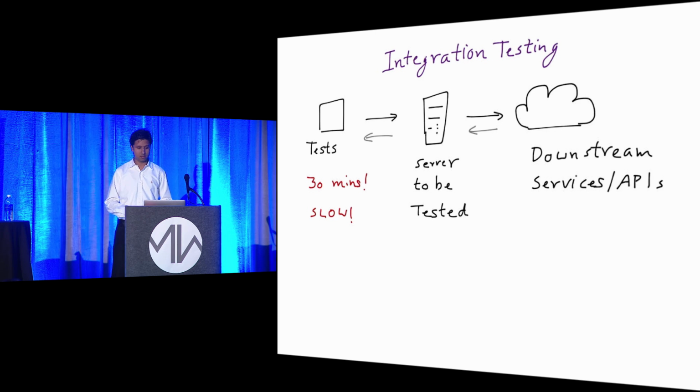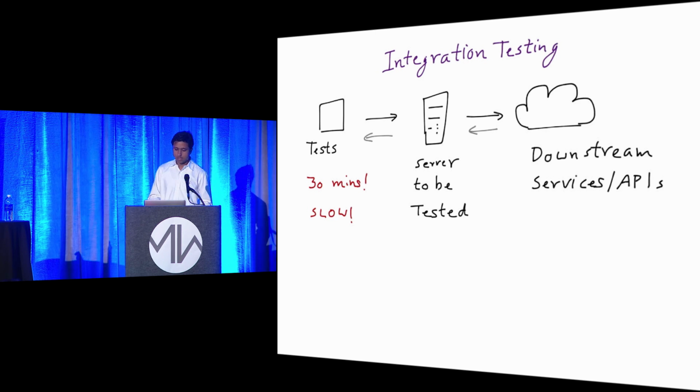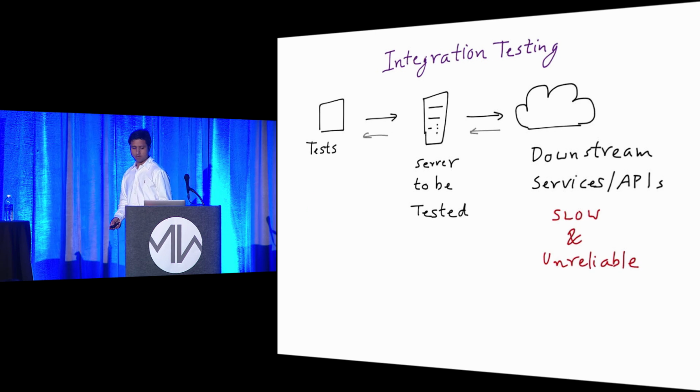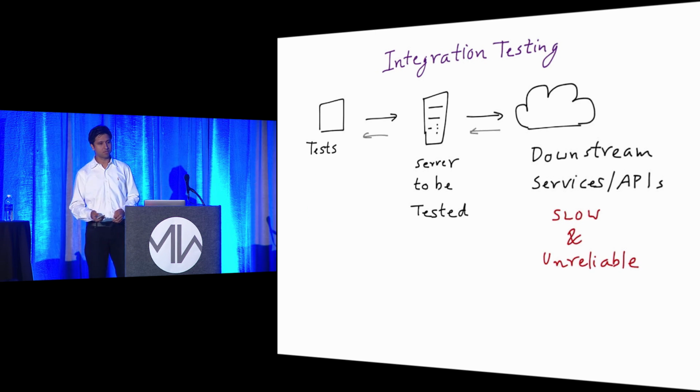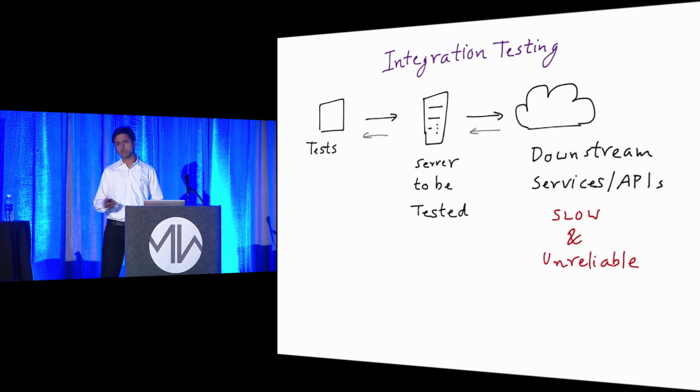Really complicated, and there are so many different routes that the server exposed. We realized that most of the slowness was because of how slow certain downstream services could be. Sometimes they would be unreliable, like certain things would fail, which caused our tests to become really slow, even though we're not actually testing downstream services. We're testing the mobile server.